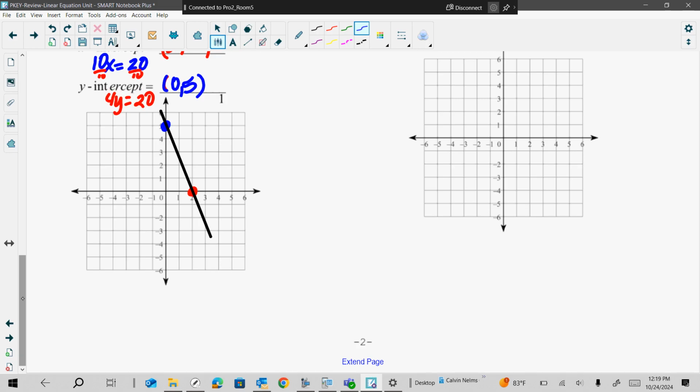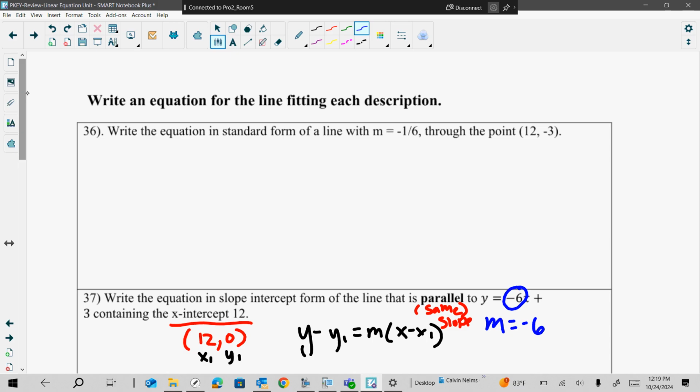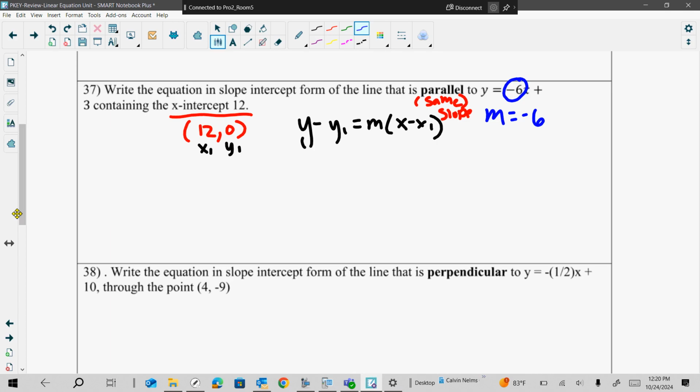And then, like I said, the last section, write an equation fitting the description. I'm going to jump to the odd here. Equation in slope-intercept form, the line is parallel, so it has to have the same slope. So that means if the slope is a -6, then it's going to stay a -6 here.